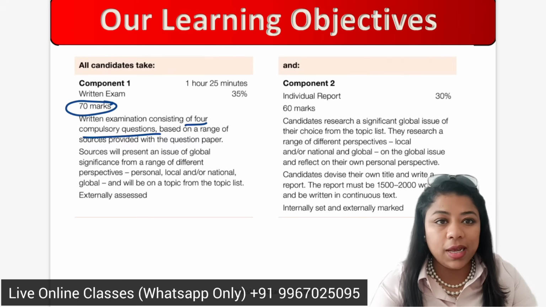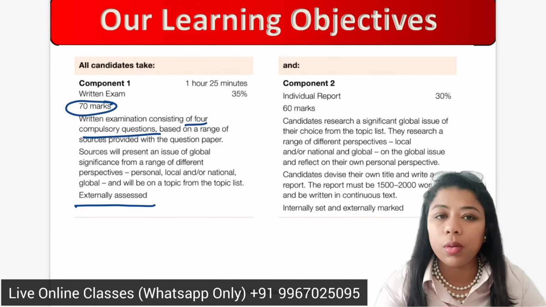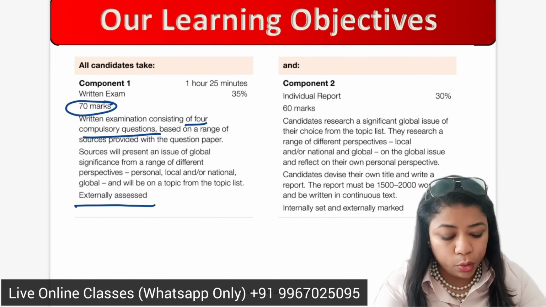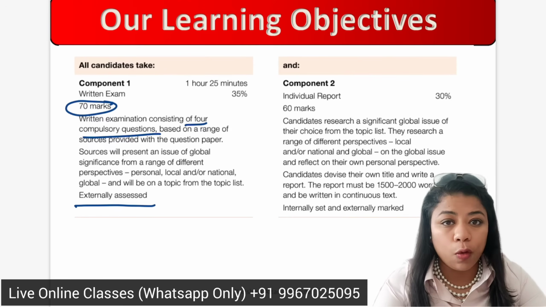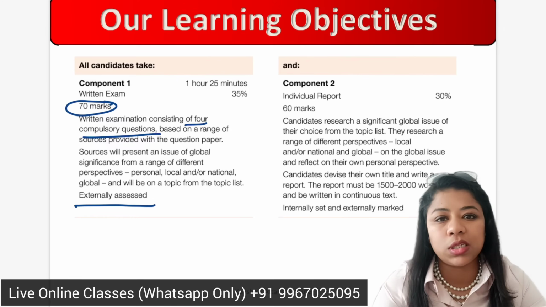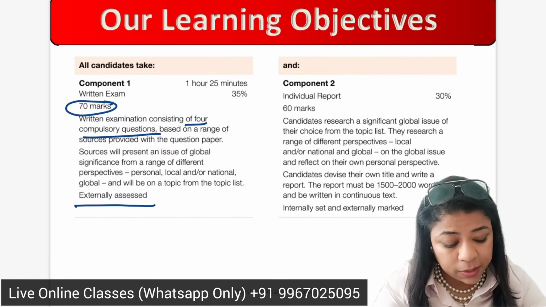It is externally assessed, meaning Cambridge assesses this paper. Then we have component 2, which is what we are going to talk about today, and it covers 30% of your total marks, which is 60 marks for the individual report.